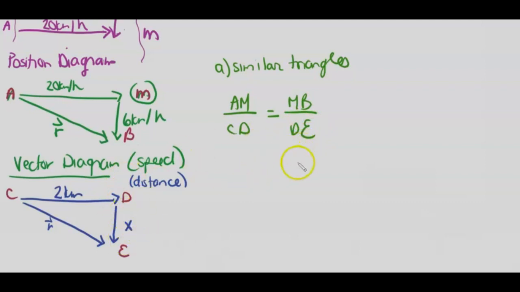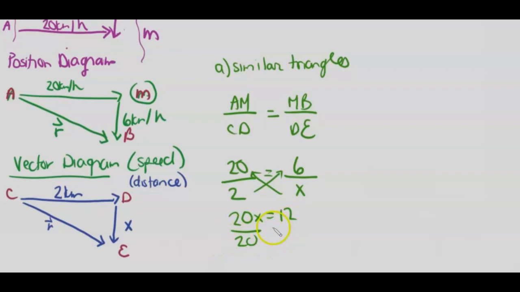So we're trying to find DE. We're trying to find this X value. And we have a full ratio, AM, which is 20, over CD, which is 2. And then we have BM, which is 6. So let's cross multiply. We get 20x equals 12. And then we're going to divide both sides by 20. And we get x equals 0.6.